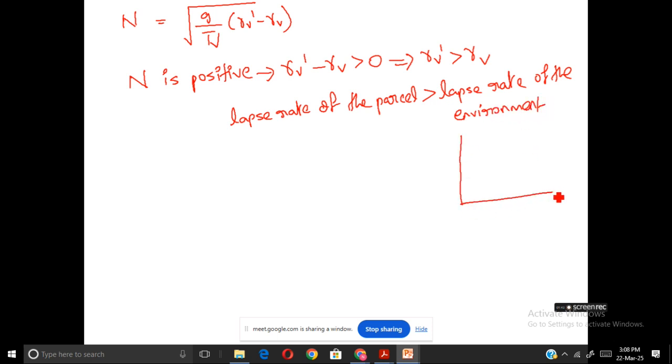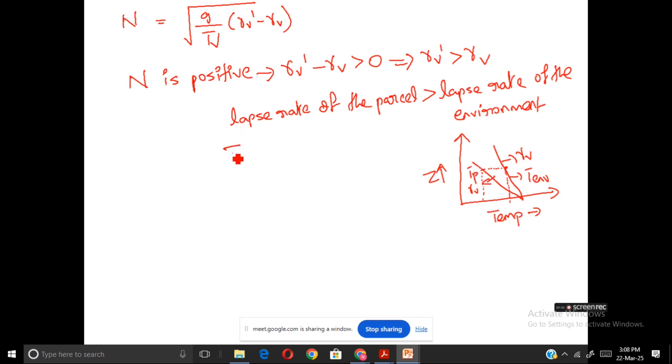So here, if this is the temperature and that is height z, the profile will be like this. This is gamma v, this is gamma v dash. If we take any particular point at one particular pressure level, this is the temperature of the environment, whereas this is the temperature of the parcel.